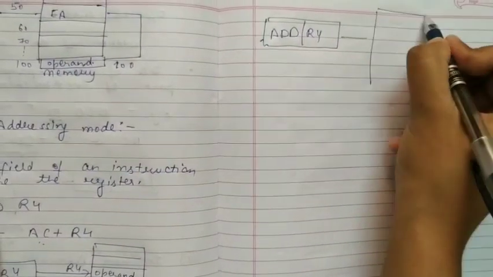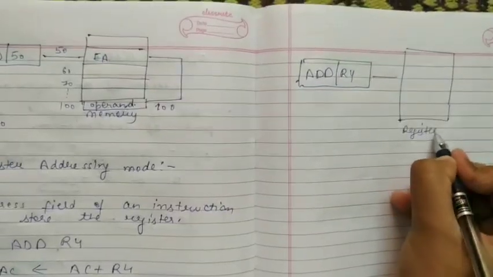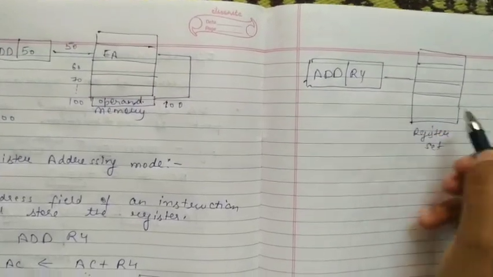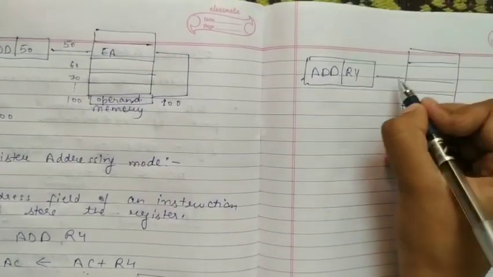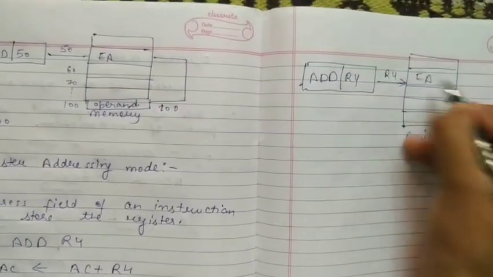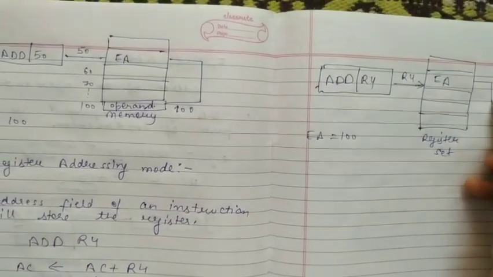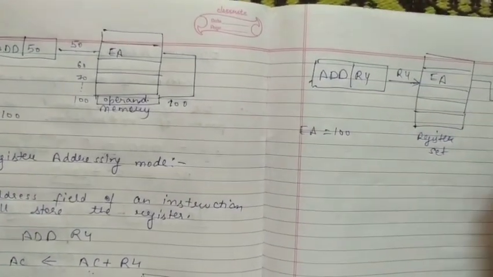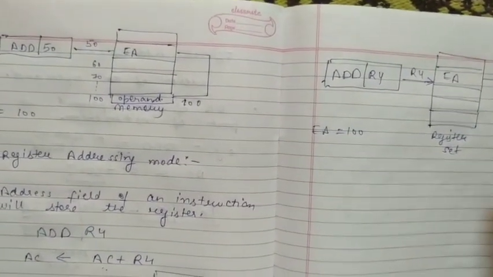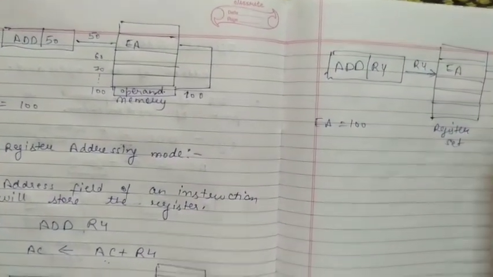is our instruction. Here we have our register set. So suppose here is R4, it will contain the effective address. Suppose the effective address is 100. Now here is our memory stack, and suppose this is the location 100.